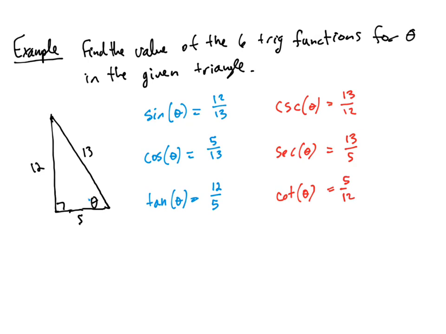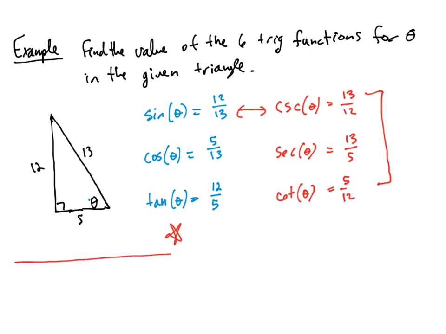So really what you should do is remember the ratio for sine, cosine, and tangent, and then just remember that the other three are reciprocals of the first three. I wouldn't recommend necessarily memorizing that cosecant is hypotenuse over opposite. Just remember that sine and cosecant go together and that they are reciprocals.